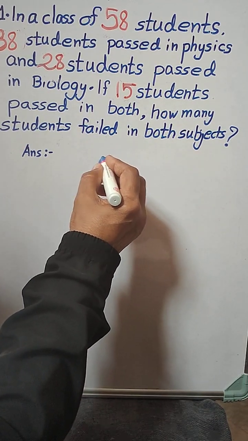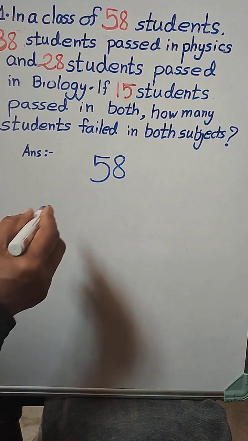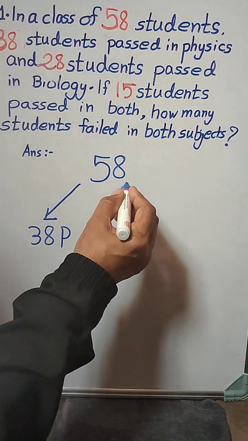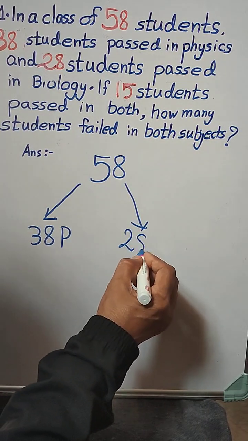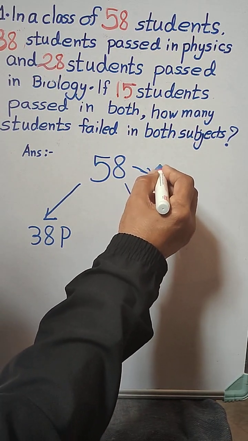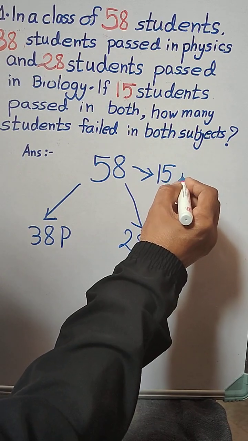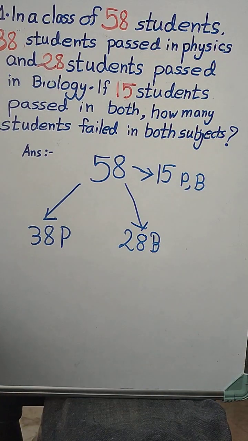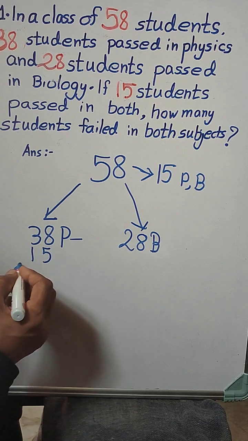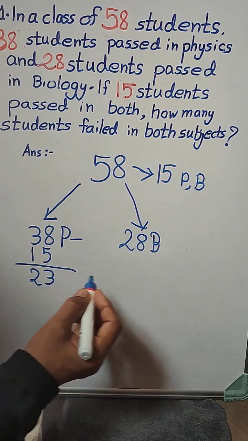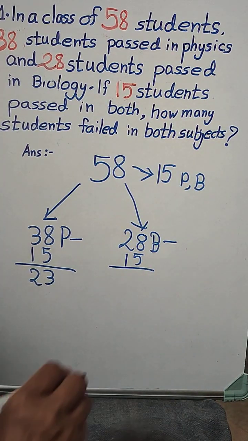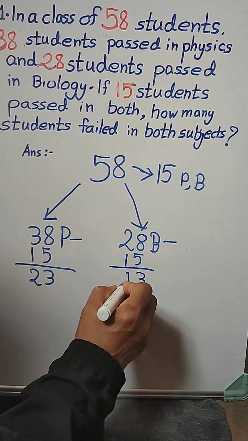There are 58 students. 38 students passed in physics, 28 students passed in biology, and 15 students passed in both physics and biology. So let us subtract 38 minus 15, that is 23. Here 28 minus 15 is 13.